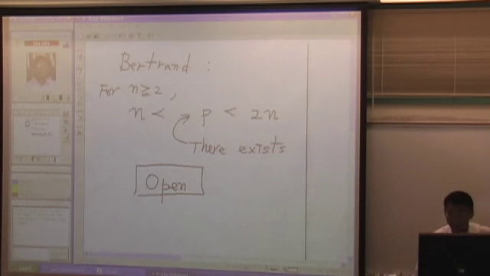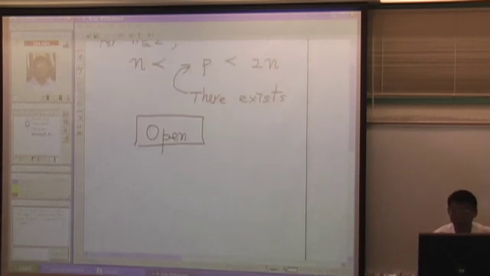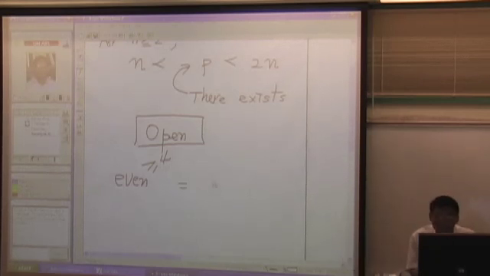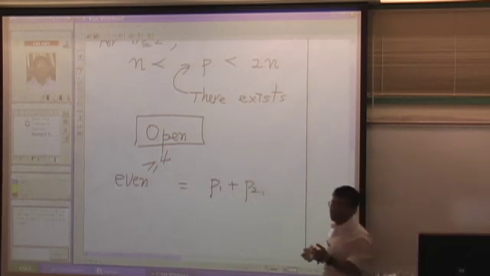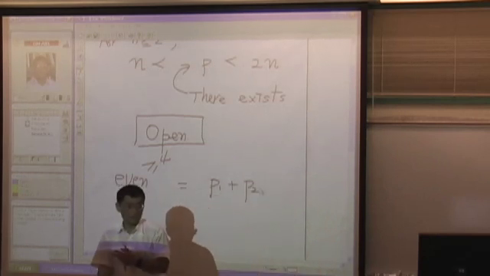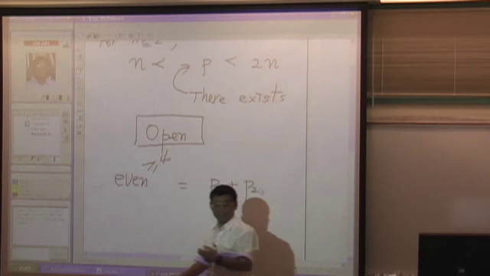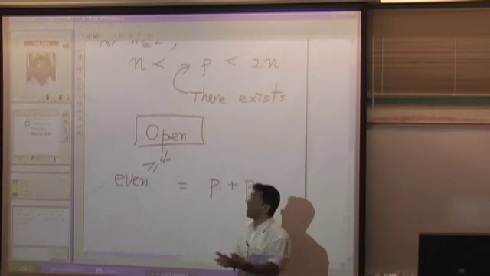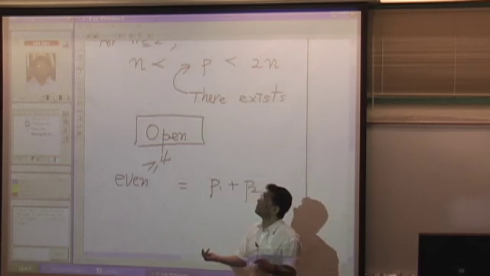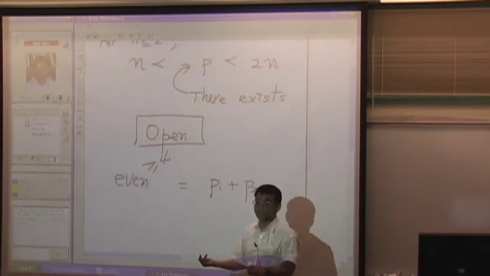Another problem is this. Assume that you pick an even number which is greater than or equal to 4. Then it is the sum of two prime numbers. For instance, 4, 2 plus 2. 6, 3 plus 3. Right? 8, 3 plus 5. 10, 5 plus 5 or 3 plus 7. 12, 5 plus 7.